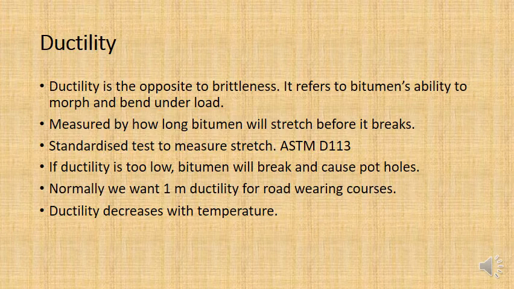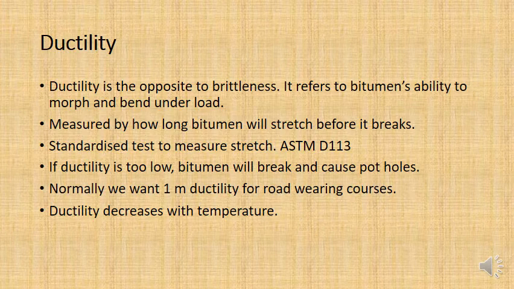The other thing you need to know is that ductility increases with temperature. So I got that wrong. That should say increase, not decrease, that final point. Basically, as the weather gets hotter, the bitumen will get more stretchy and more ductile.